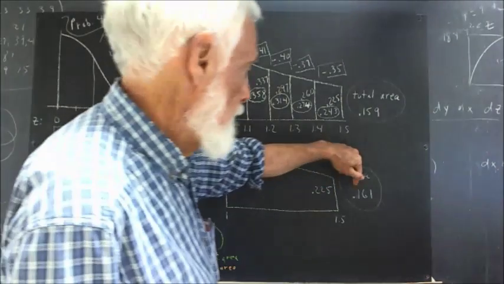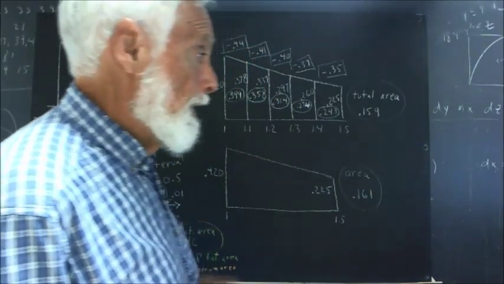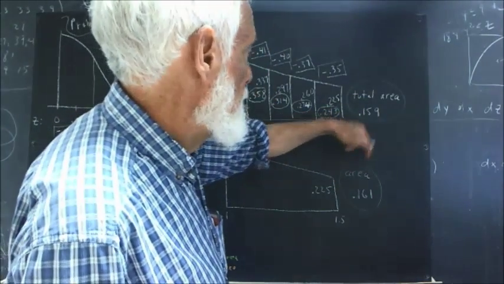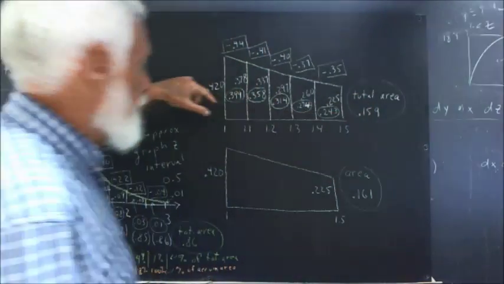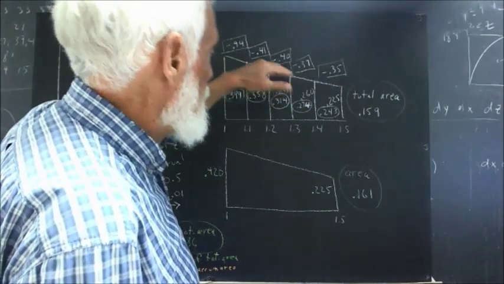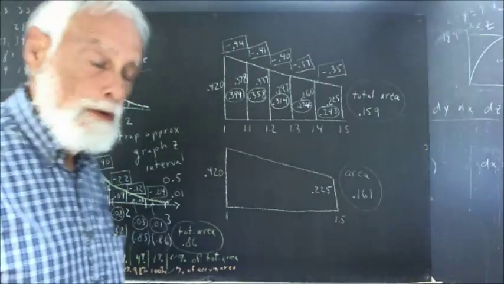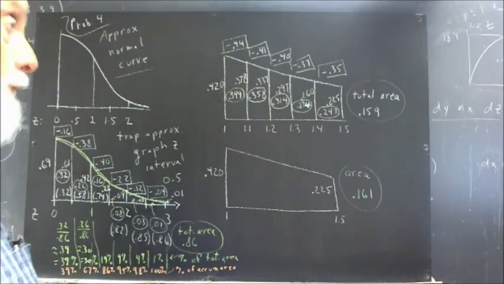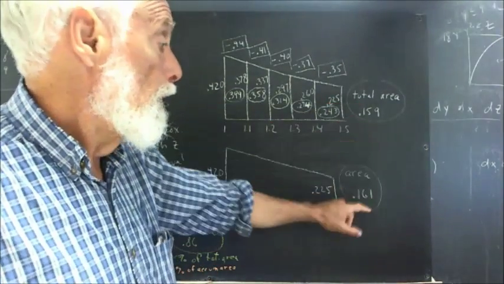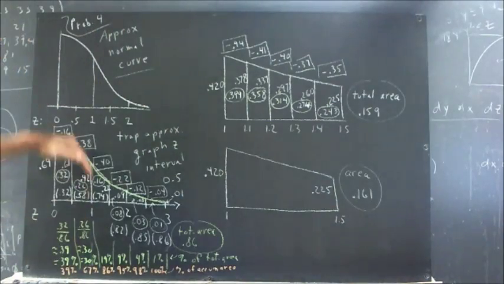We get a total area of 0.161, meaning that by refining our estimate, by looking at more and more points, we got a more accurate picture of our total area. And we noticed that this total area is lower than this one, as we predicted it would be based on the concavity of the graph.